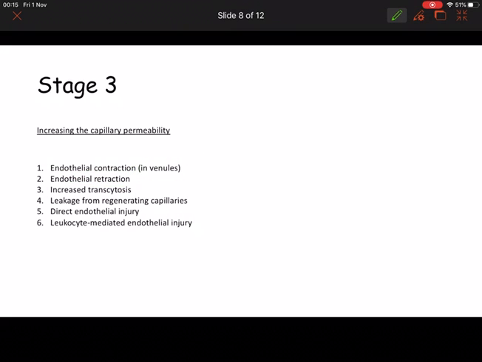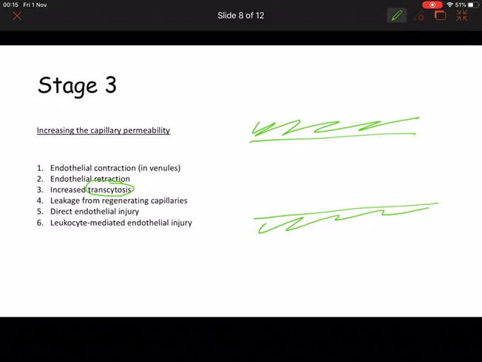Next, it can be increased transcytosis. So what basically is transcytosis? Let this be the capillary lumen and let these be the endothelial cells. There are proteins present in the capillary lumen.